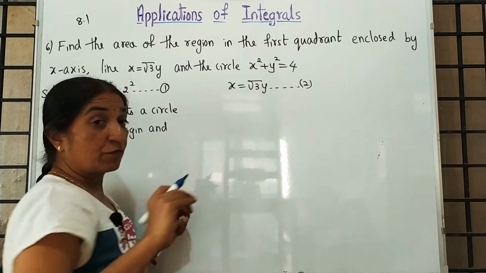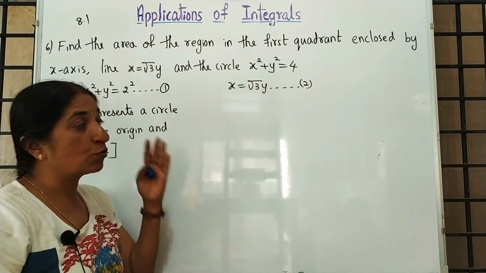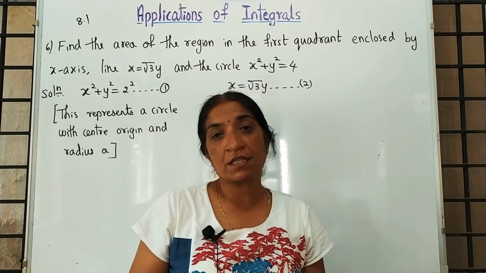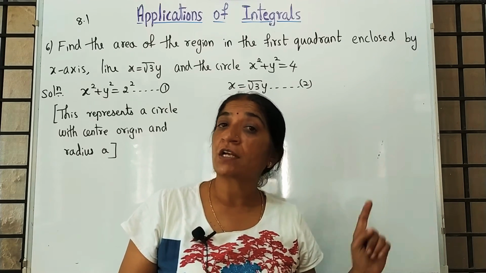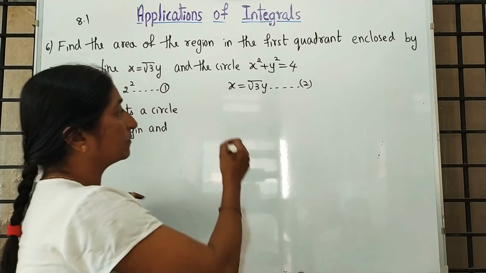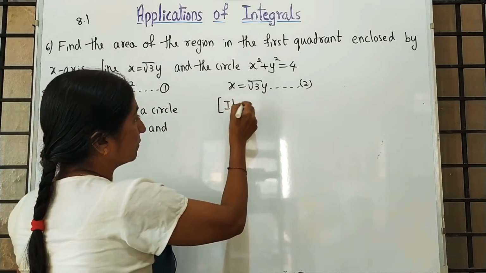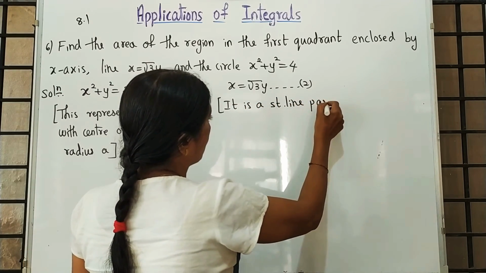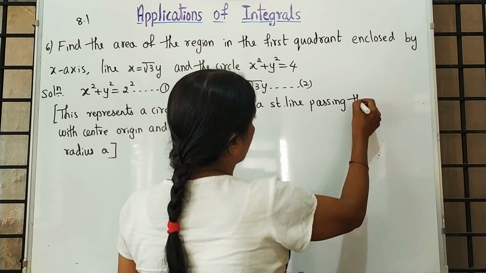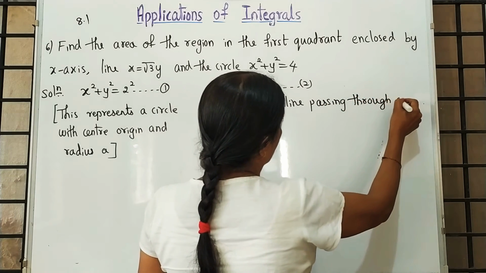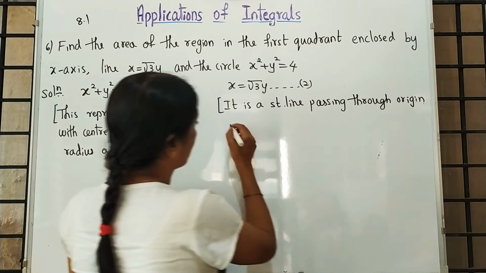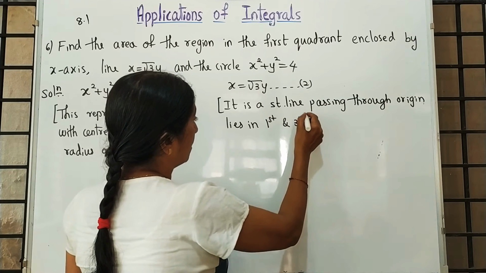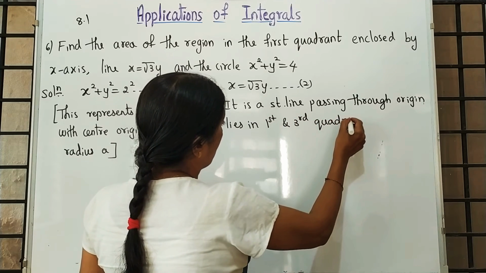If you are familiar completely with the basics, you know that it is in the form of y is equal to mx. y is equal to mx is a straight line passing through origin, comes in first and third quadrant.